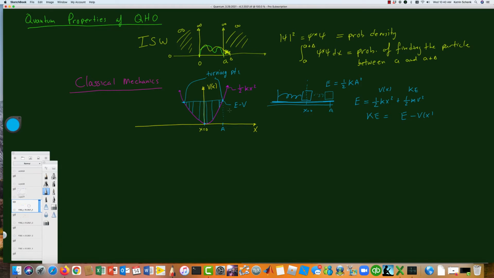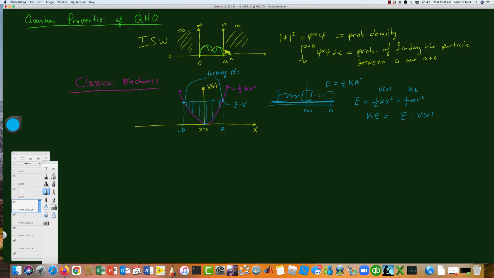Over here is going to be minus A. If A is 10 centimeters, it's going to go up to minus 10 centimeters away from the equilibrium point, and it's going to go back and forth and back and forth.